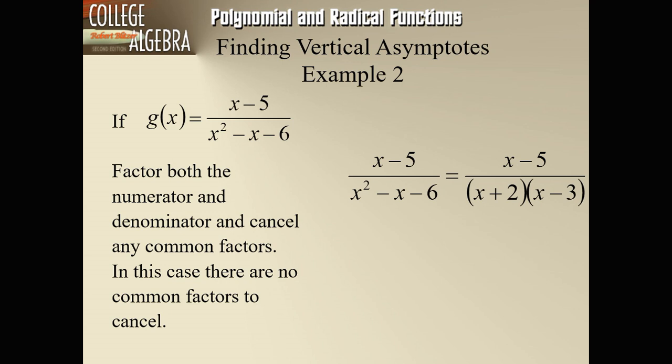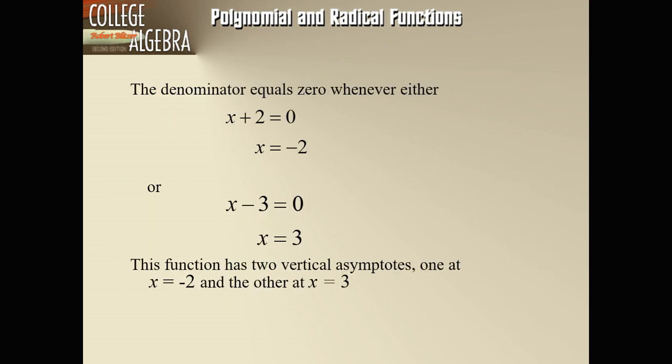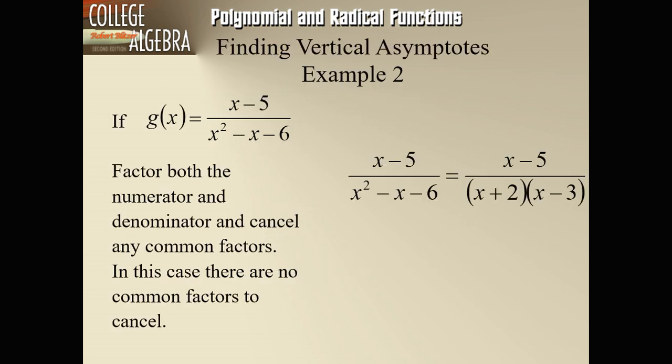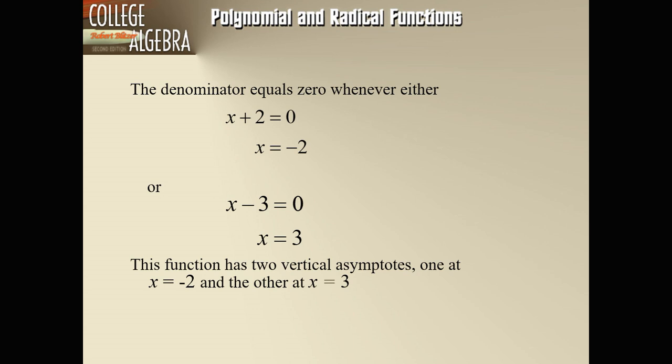Okay. So, next na gagawin natin, the denominator equals 0 whenever either x plus 2, kasi dalawa yan, di ba? Meron tayong x plus 2 tsaka x minus 3. So, kunin natin pareho yan. We have here x plus 2 equal to 0 and ang value ng x natin ay negative 2. Sinabi ko na kanina kung paano nakukuha yan.